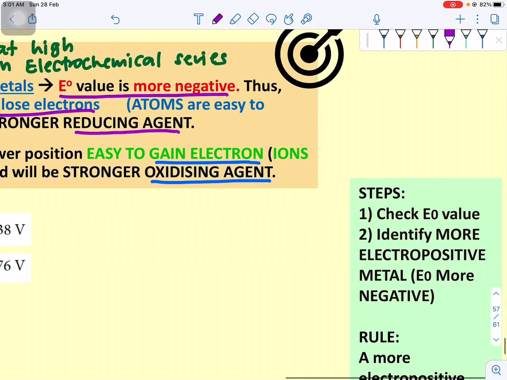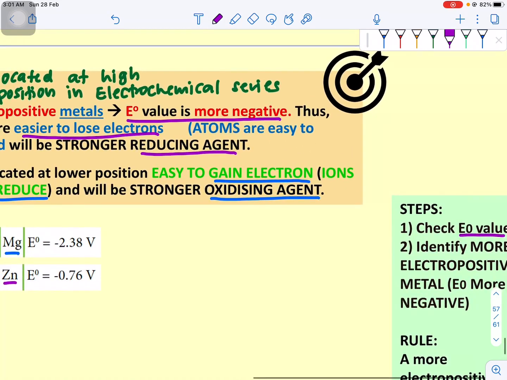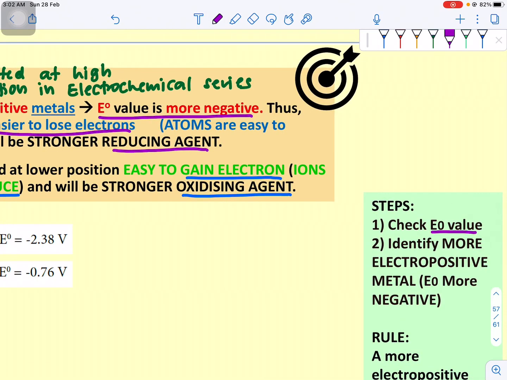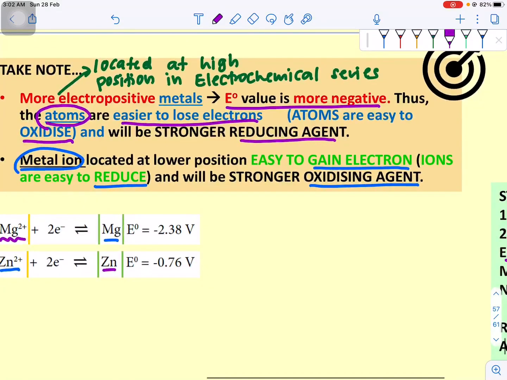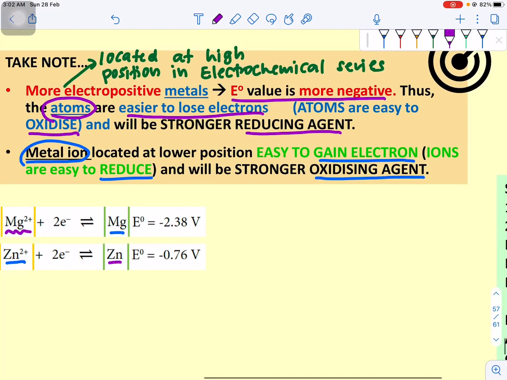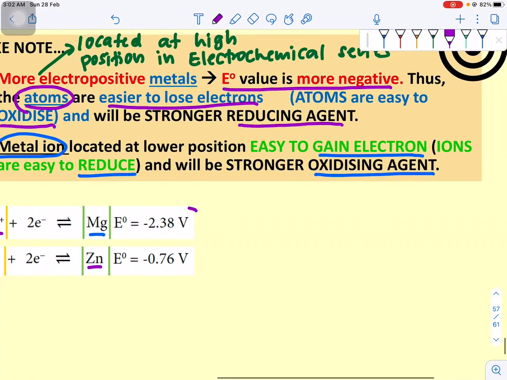This is the step. Number 1, check the E node value. What we need to check is who has the more negative E node. Why the more negative E node? Because that means that metal is more electropositive. So between Mg and Zn, we find the E node of Mg is the more negative value.